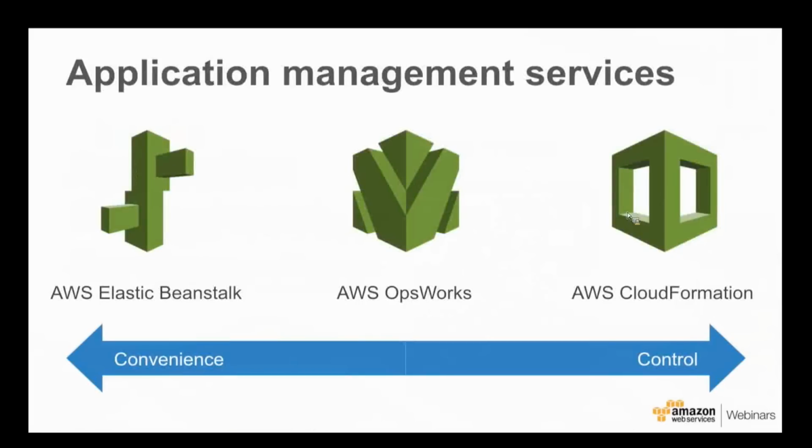Before I jump into the details of OpsWorks, I want to help those of you that might have heard or even used other services in AWS to understand how OpsWorks relates to them. OpsWorks is part of the application management services. AWS offers these 3 services that address different areas and use cases to manage your applications.